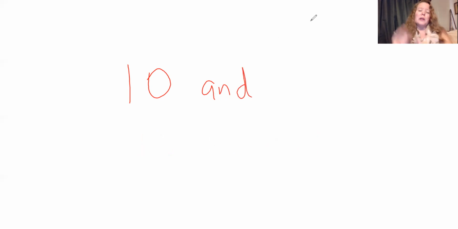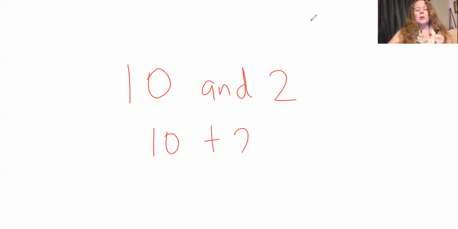Okay, and then how many are in that second 10 frame? 2. Okay, one more than the last one. All right, and then you need to add 10 plus 2. Now, how many does that make altogether? Because that symbol there that I wrote real messy means is, right? 10 and 2 is 12.